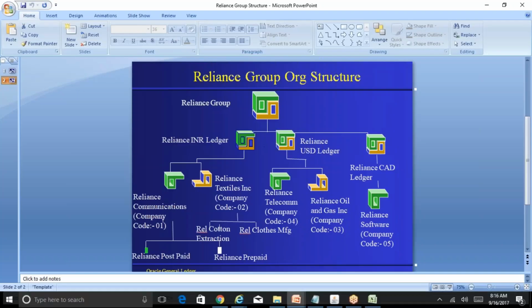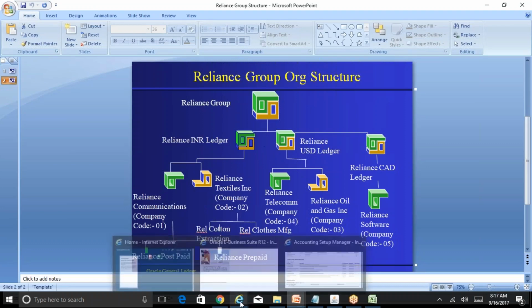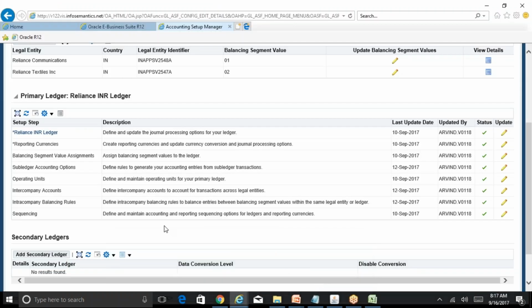The scenario is between the balancing segments of a legal entity, then it is called an intra-company, and also between the balancing segments which are directly assigned to the ledger. If you remember in the last session, we mentioned that there can be some balancing segment values which can be assigned at the ledger level itself.